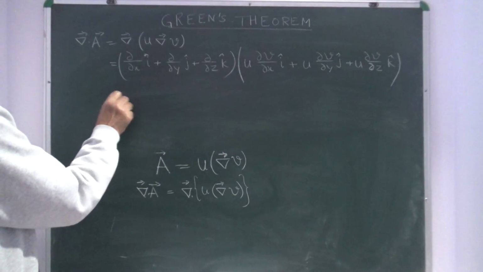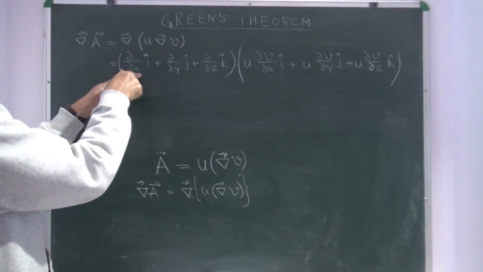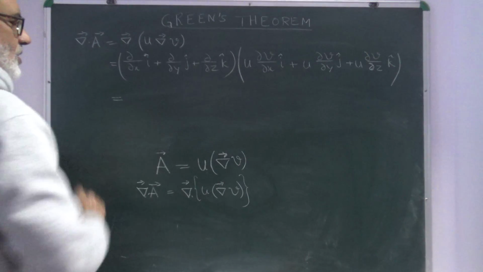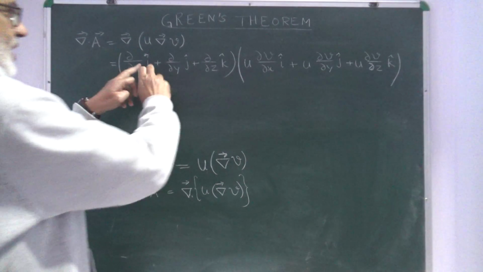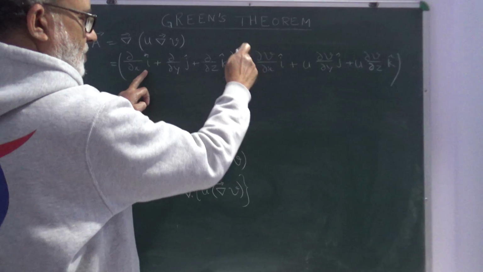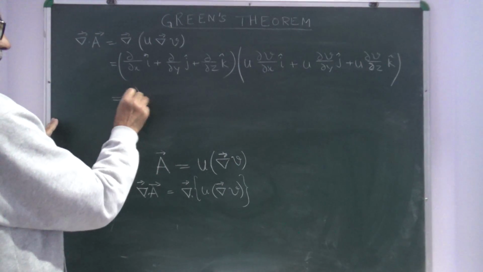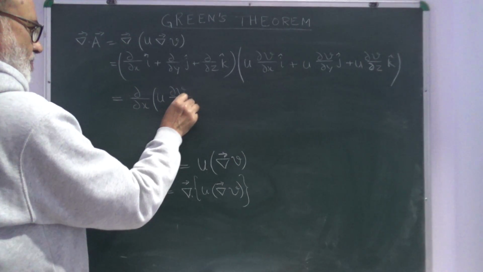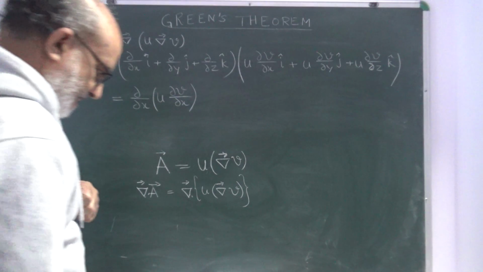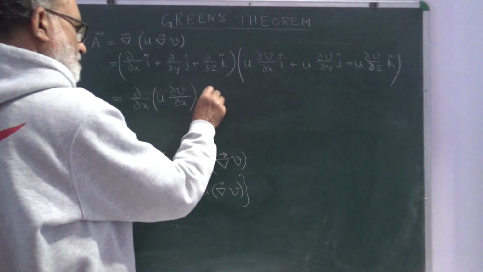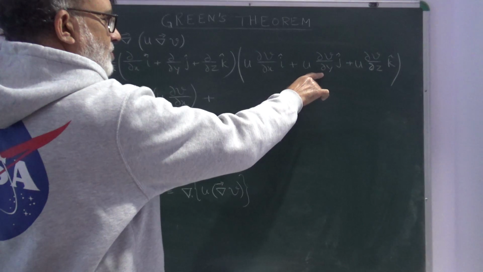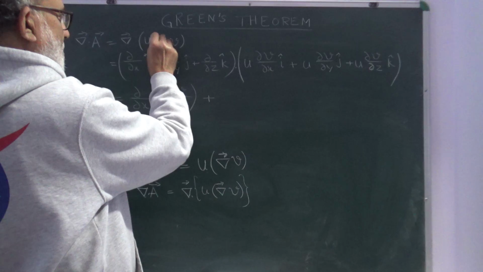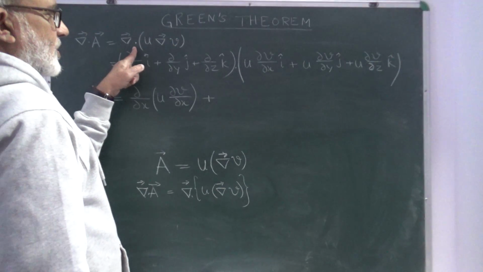Now this del by del x will operate on this. So i dot i will be 1 and i dot j will be 0, so this will operate only on this one. This means del by del x is operating on U times del V by del x, plus, now this will operate only on this value, because this is the dot product since you are taking the divergence.